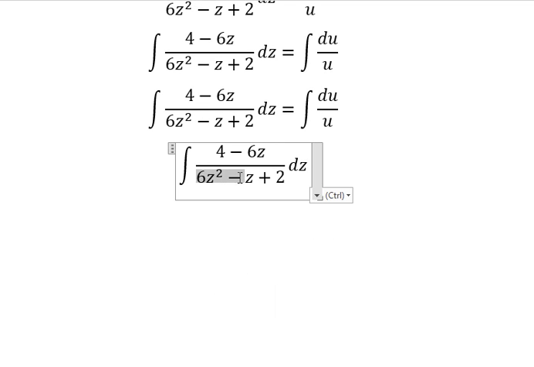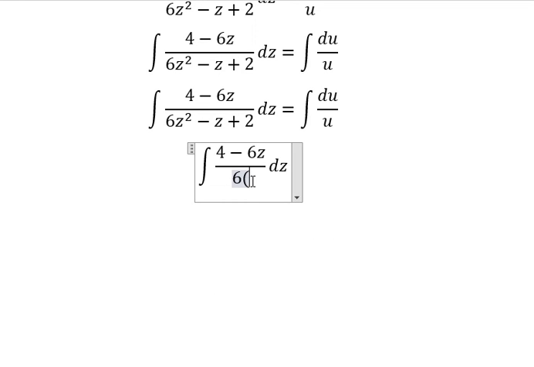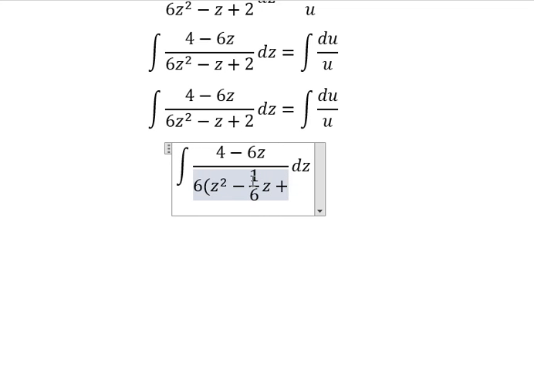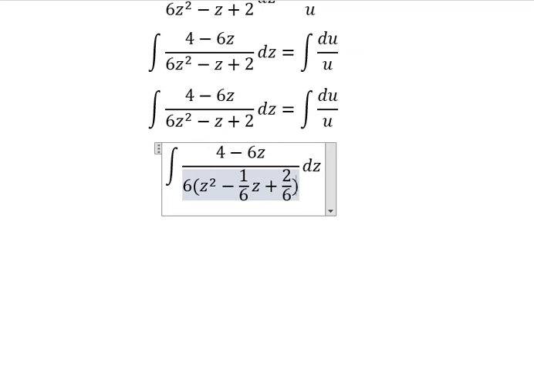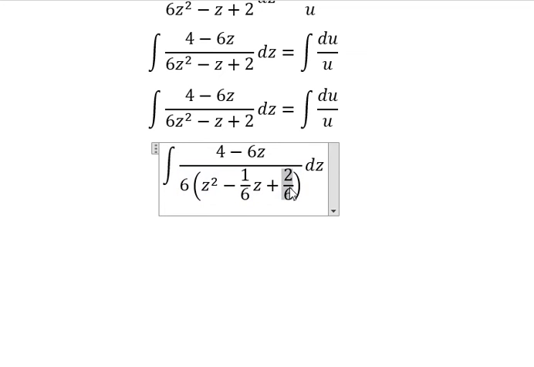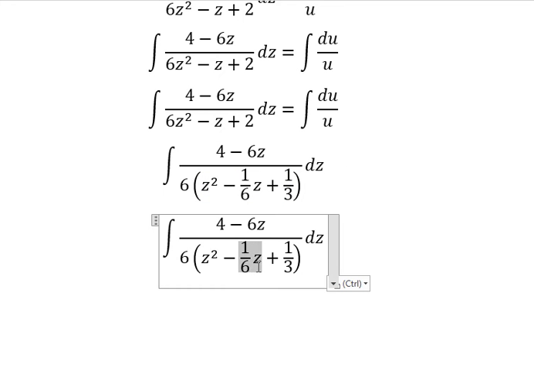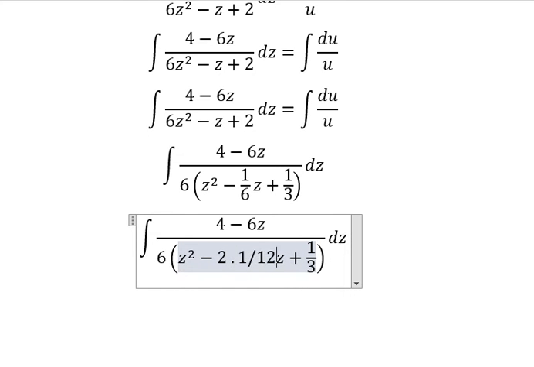About this one, we can do factorization by number 6. So this one we have 1 over 3. So this one in here we can put into number 2 multiplied by 1 over 12.